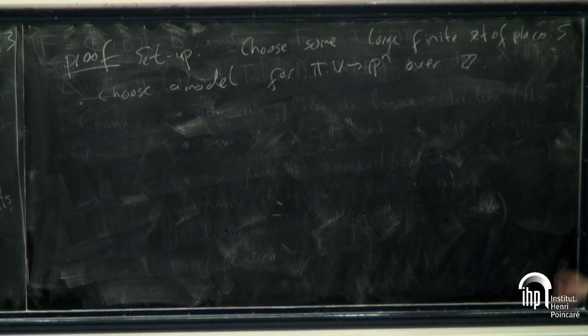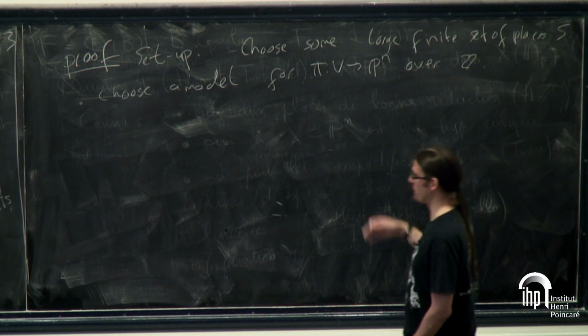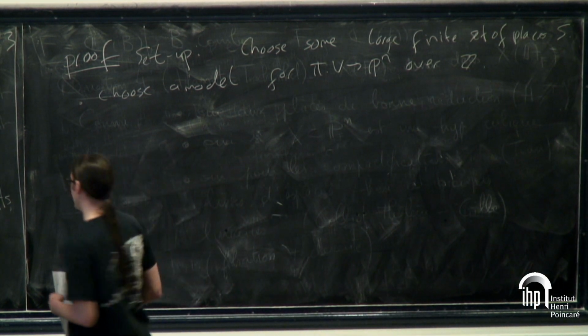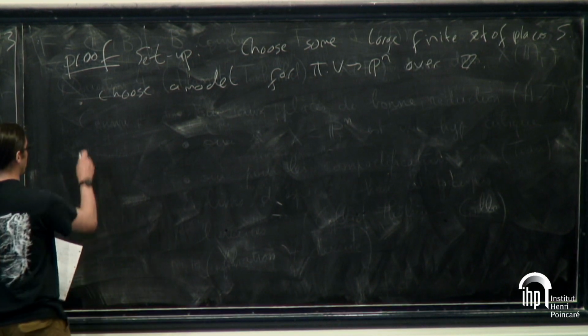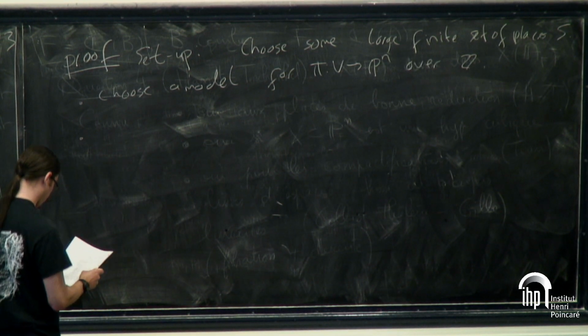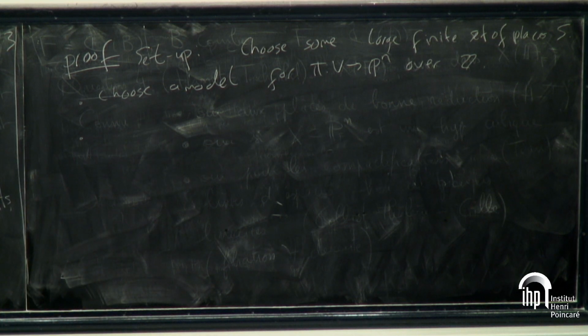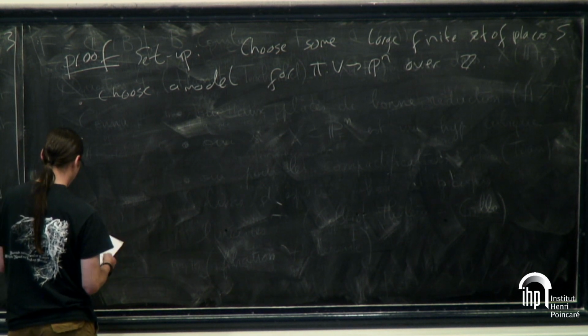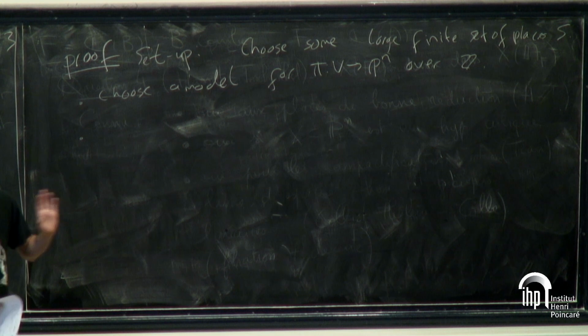I won't use a new notation for it, just to stop the notation getting messy, but reduction modulo p is going to be well defined, at least away from S. What I'm saying is, choose a large enough set of places S at the beginning to make sure what follows works. Probably I should choose S after I chose my model, but anyway.